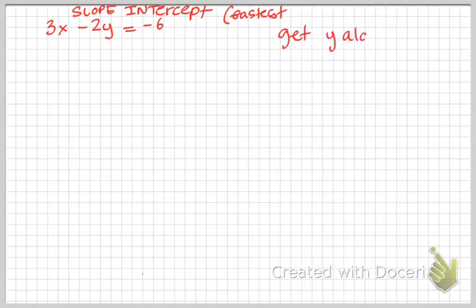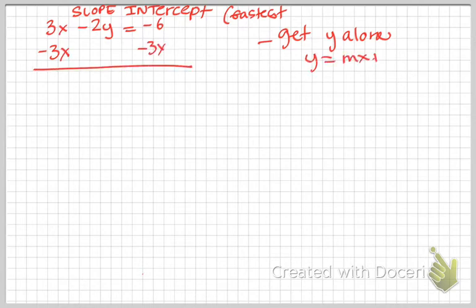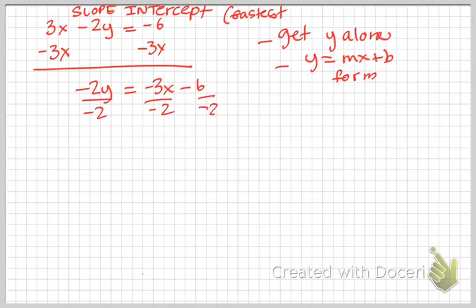So the first thing we would do is subtract 3x from both sides, and then we're left with negative 2y equals negative 3x minus 6. And then I'm going to divide all terms by negative 2.